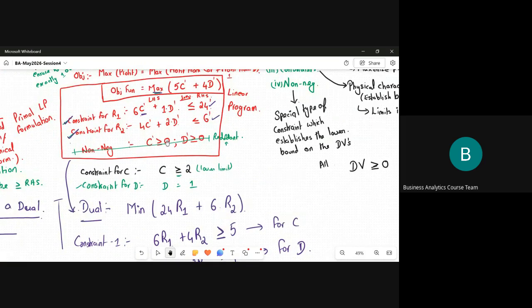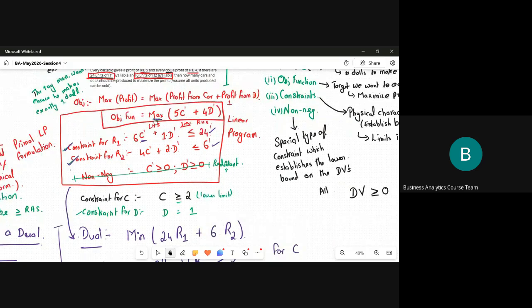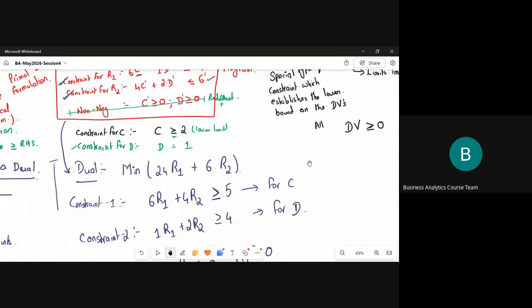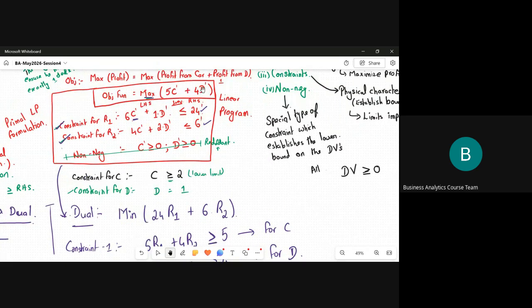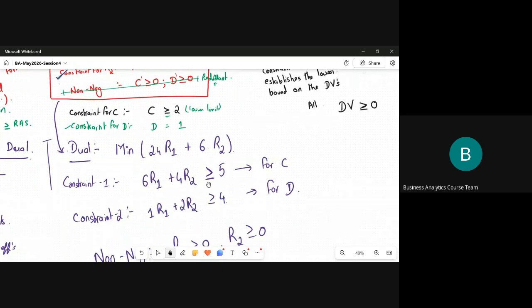If it's a maximization, first convert it to standard form, so everything must be a less than or equal to constraint. Once you have done that, your maximization will become minimization. Your RHS will become your coefficients, 24 and 6. The number of constraints will become the number of decision variables, R1 and R2. The number of decision variables in the primal will be the number of constraints in the dual.